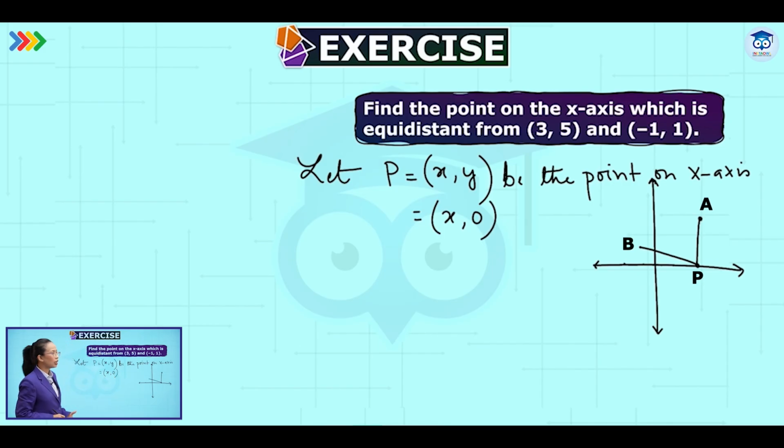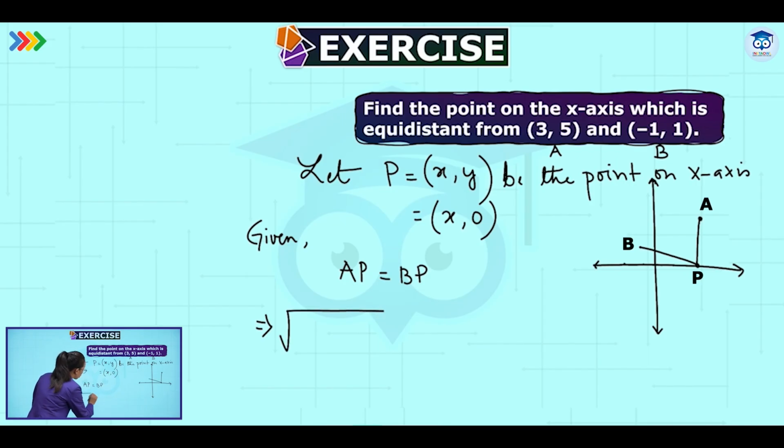Right? Understood? So now if we consider this as point A, this as point B, we have AP equal to BP. Right? Because the distance is the same, given.